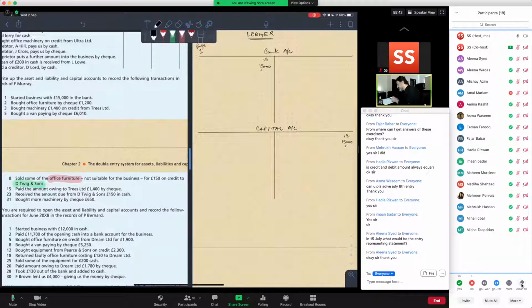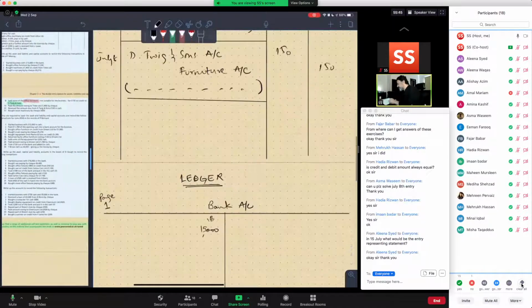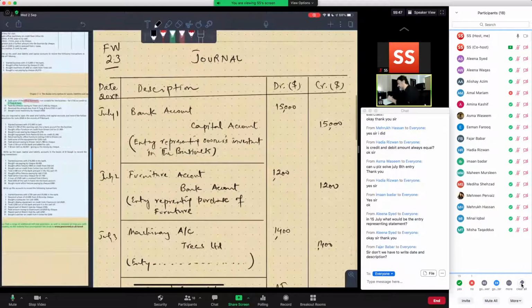Now, let me just see the first transaction here. You understand the journal transaction? You have no problem with the journal, right, Amal? Okay. You can unmute your mic if there is anything you need to discuss in detail. So we understand that the journal is basically a set of instructions for what we need to do in the ledger.